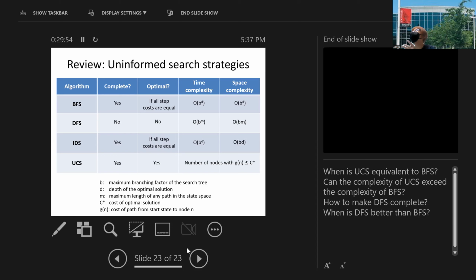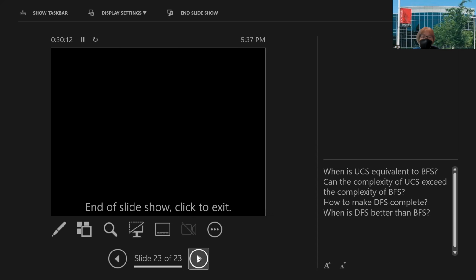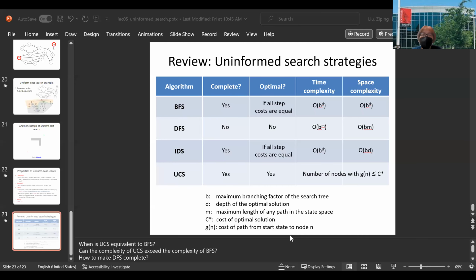If you want less memory, you can think about depth first search or iterative deepening search. And if your goal is least cost, you should probably consider uniform cost search. Okay, so this is regarding the general search strategies.